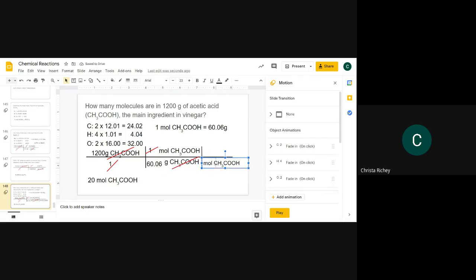So I'm going to go from moles to molecules, and I'm going to use Avogadro's number in order to do that. So I'm going to go MOLEC. Move this guy over here. And then the mole would get a 1. Get another one of these.